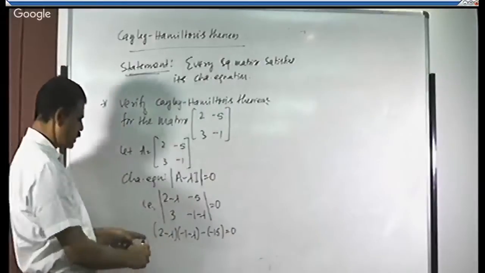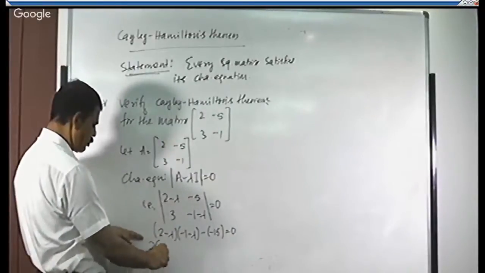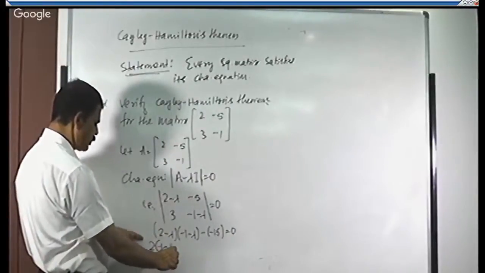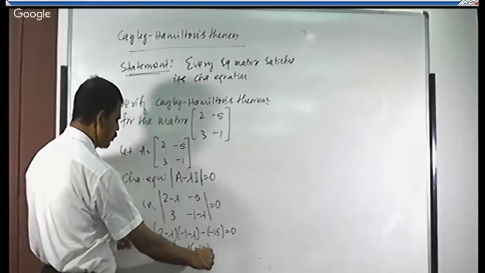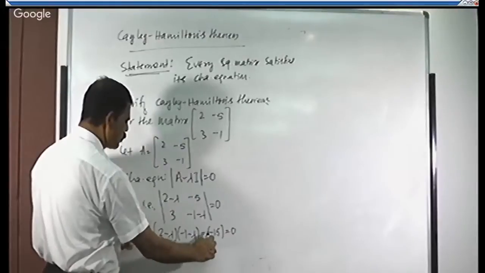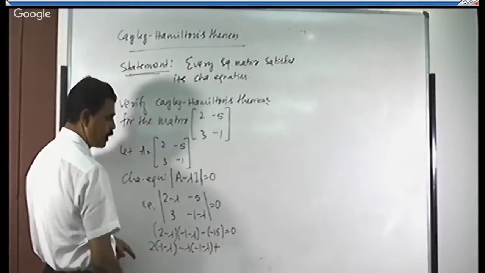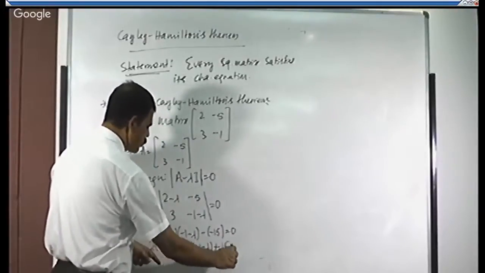Just open the brackets. 2 into minus 1 minus lambda, minus of lambda into minus 1 minus lambda, minus into minus plus, we are opening the bracket, 15 is equal to 0.